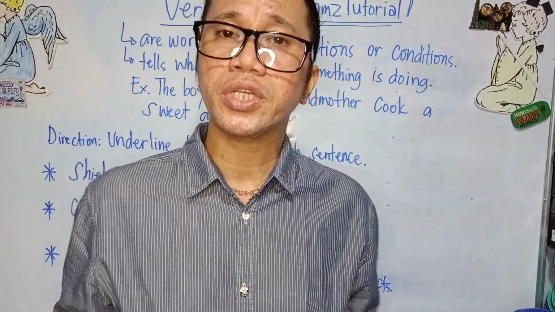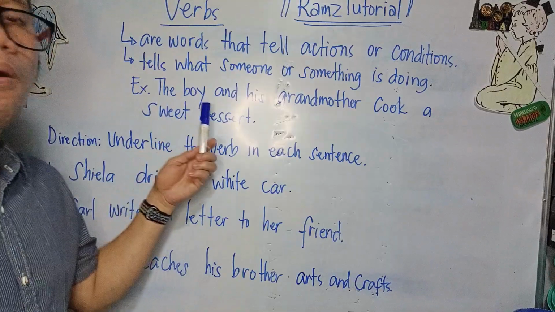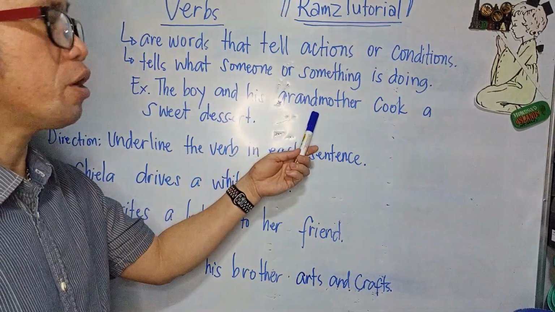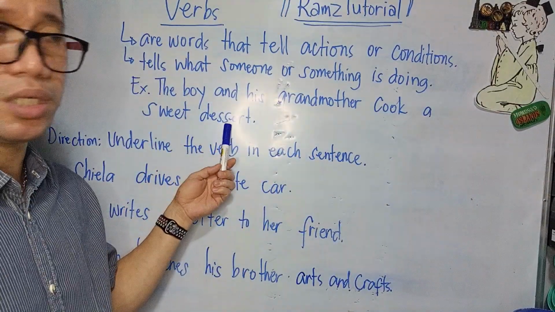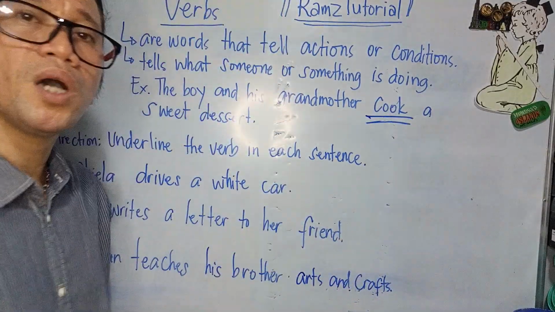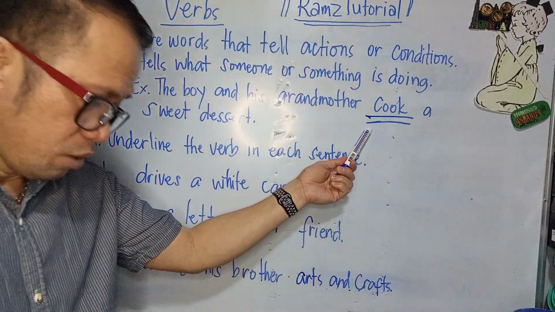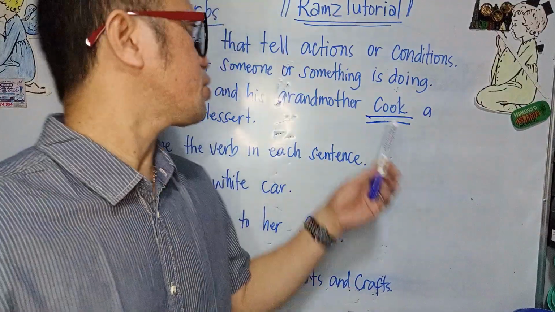Now let's have our first example. I have here: the boy and his grandmother cook a sweet dessert. The word cook here is a verb. Why? Because this word shows an action.